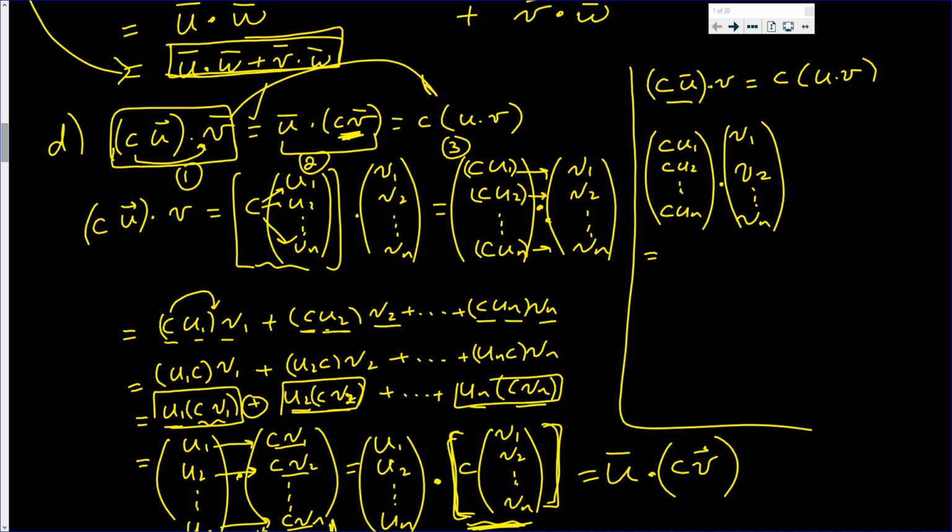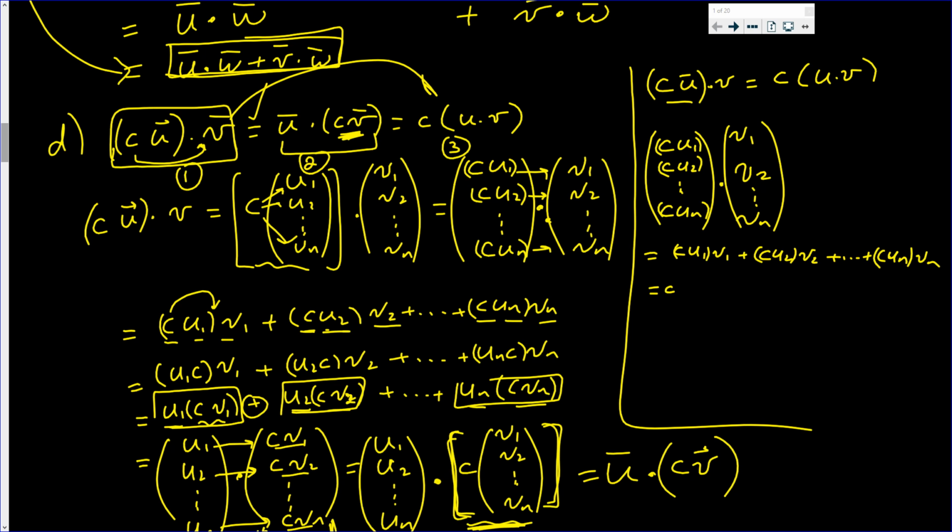And this is equal to, think of these as one entry, cu1 v1 plus cu2 v2 all the way down to cun vn.